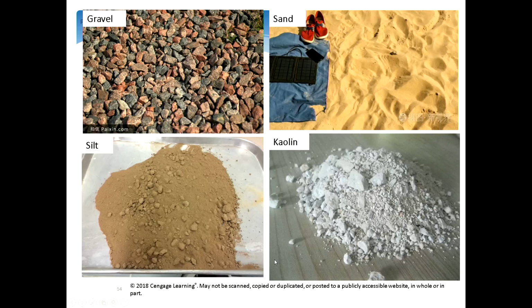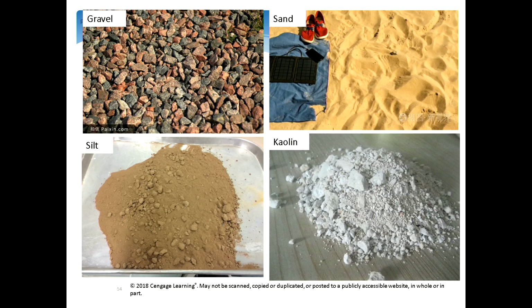If you wash the gravel, sometimes with the normal way of shaking the sieves to analyze the particle size distribution, you actually get nothing for clay percent. But if you wash the gravel, you will wash the small particles from the surface of the big gravel particles. So that means it also contains some clay, but the percentage of clay is very small compared with the gravel percentage, so we can ignore it.